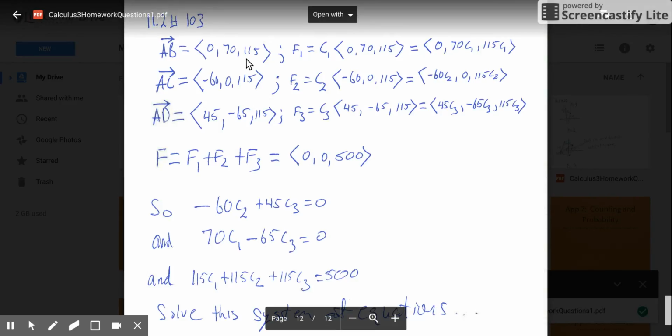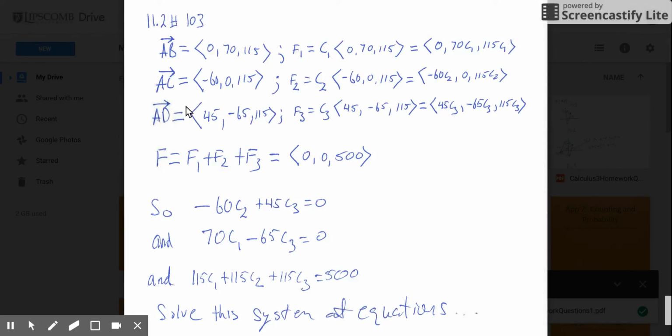The first vector there in component form is 0, 70, 115. And thinking of it as a force where the C1 being this constant for its magnitude, if you will, we can distribute that out. Doing the same with vector AC and vector AD, doing all the same things. We have the following expressions for F1, F2, and F3.